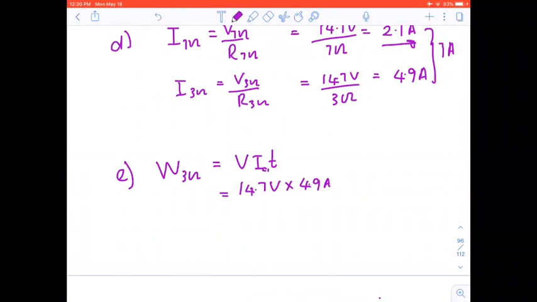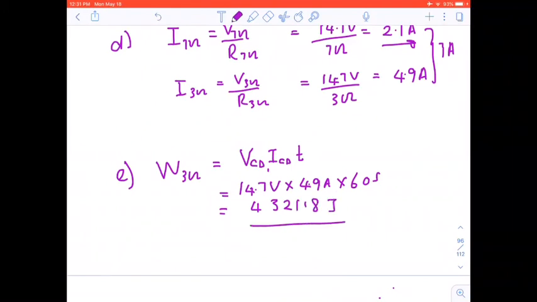So let's do this. Voltage across CD, and then the current in CD, right? Total, and then the time, which then means we have 4.9 times 60 seconds, which gives us 432.8 joules.